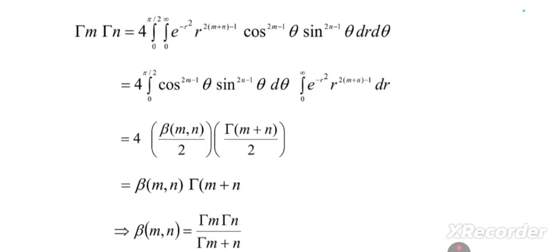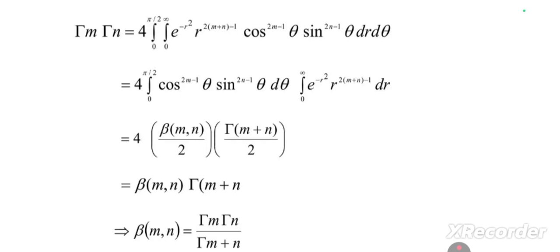the integral for theta from 0 to pi by 2 and for r from 0 to infinity. E power minus, there we have e power minus x square plus y square. That is, in the place of x square, r square cos square theta plus r square sin square theta.